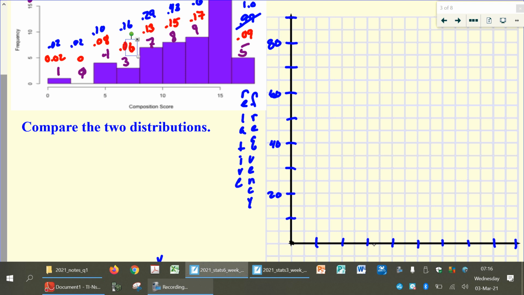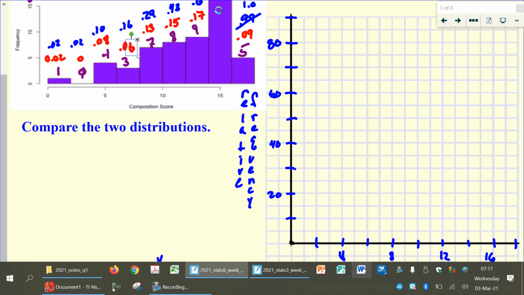So we got 1, 2, 3, 4, 5, 6, 7, 8, 9. Oh, just enough to get there. So 4, 8, 16. And this is the composite score.